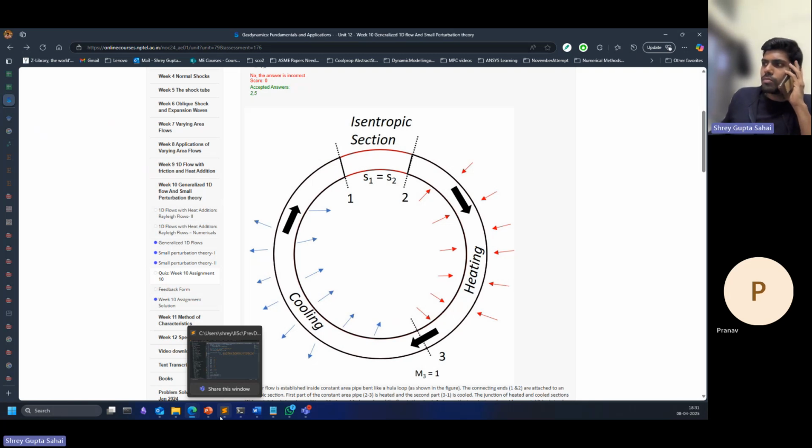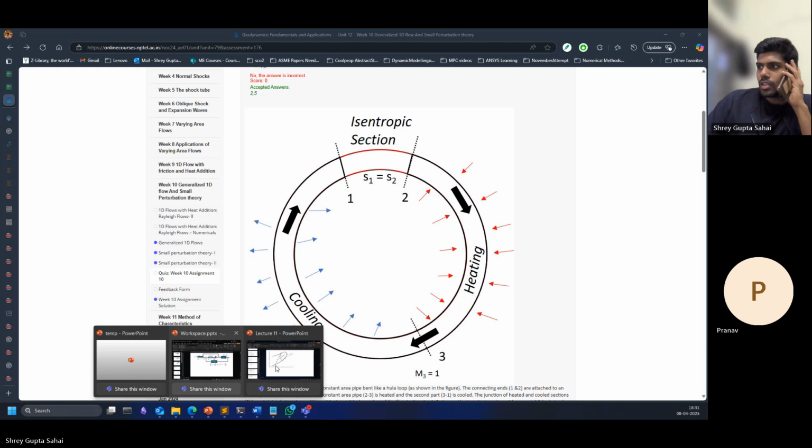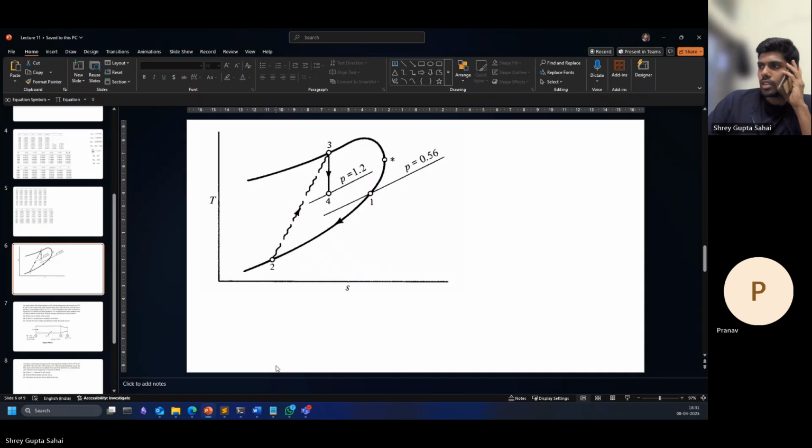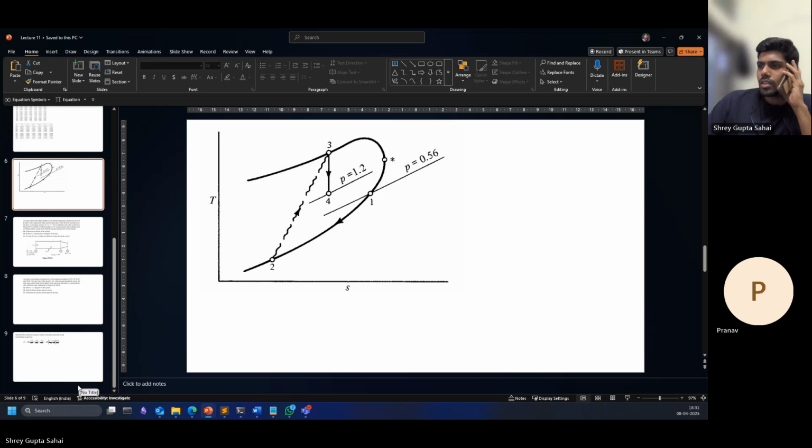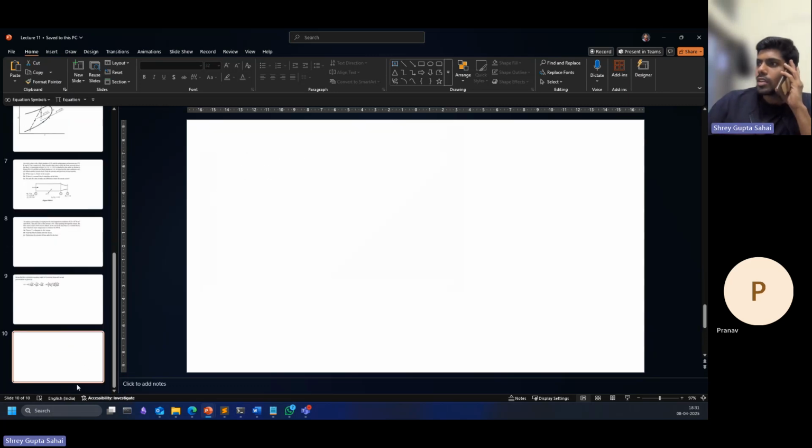But let's say just before one, 1 minus and 1 plus. So at exactly one, there is a normal shock, isn't it? Let's say 1 minus, 1 at 1. What will happen?